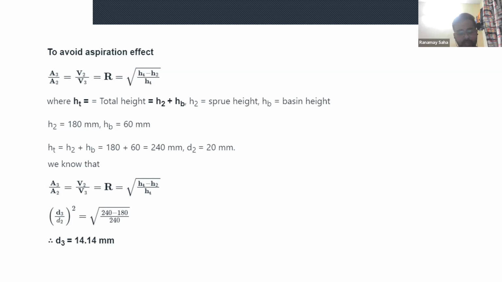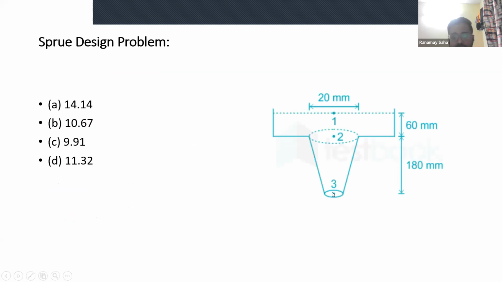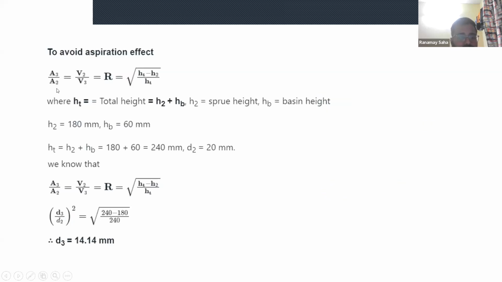Here you have A3 by A2; you can have a look at the diagram. A3 by A2 must be equal to V2 by V3. This is continuity: if you cross multiply, A3 V3 is equal to A2 V2. So A3 by A2 is V2 by V3, which is R, equal to the mold height by the total height.